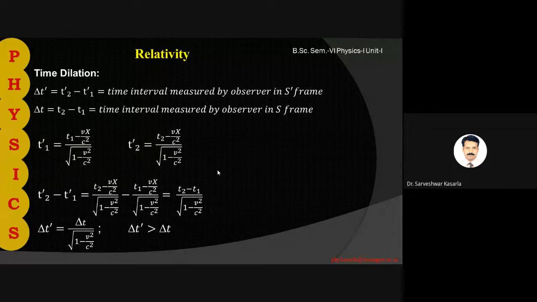So the time interval measured by the observer in the moving frame will be greater than the time interval measured by the stationary frame. So that is what time dilation is. We'll conduct numerical problems based upon length contraction and time dilation later.